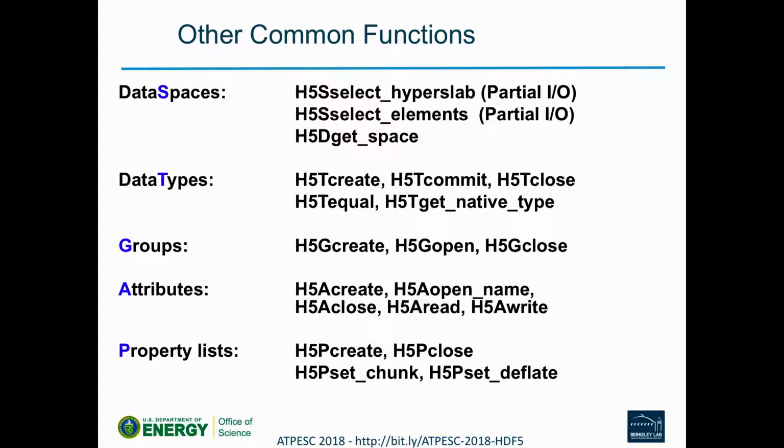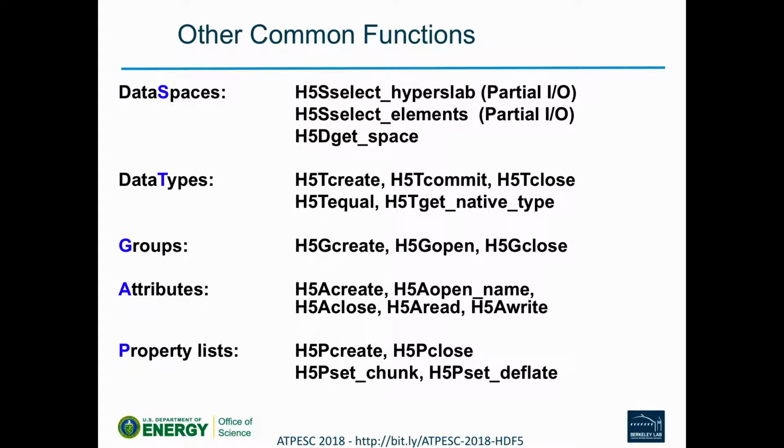And you want to query the data space back out of a data set that's on disk already as get space, right? So data types, if you want to create something that's a little different than one of the standard predefined ones, commit allows you to store a complicated data type that you've already predefined in the file. Close, get rid of them.